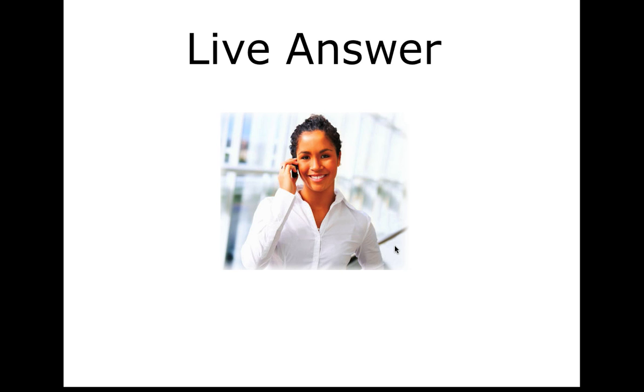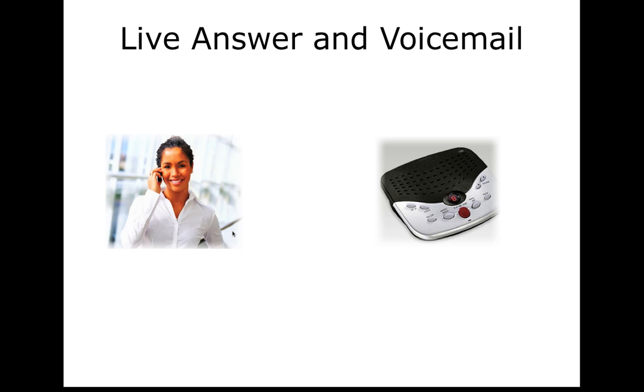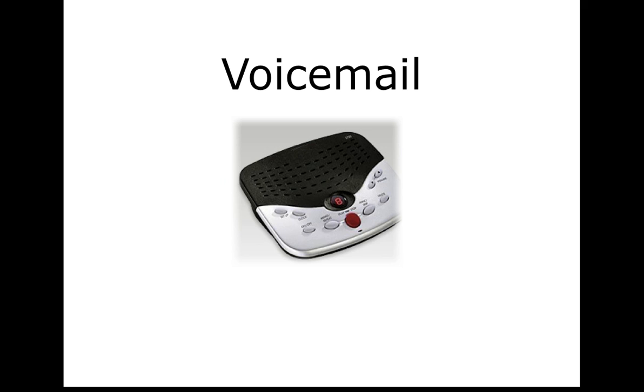All right, the next campaign type is live answer and voicemail. In this type of campaign, the system will deliver your 30-second message to people who pick up the phone live, and the calls that go into voicemail. The system ignores everything else. Third option for your campaign type is voicemail only.